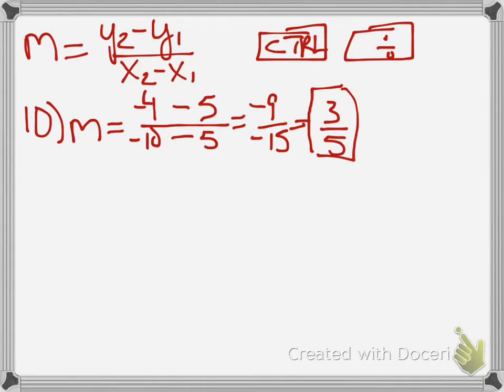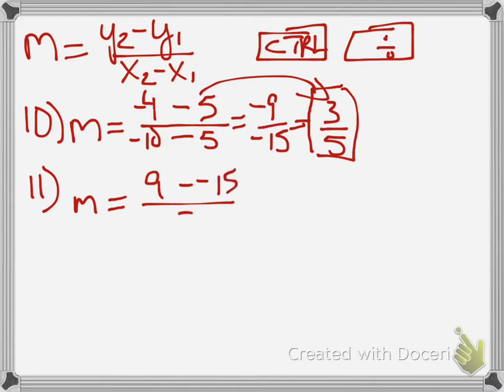Now keep in mind, again, the calculator would take you straight from that step to that step. Number 11, same thing. You're going to put in there the slope. You're going to say 9 minus a negative 15 and negative 2 minus 2, which would give you 24 over negative 4, which is negative 6.